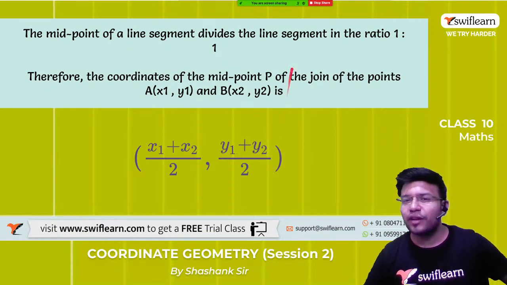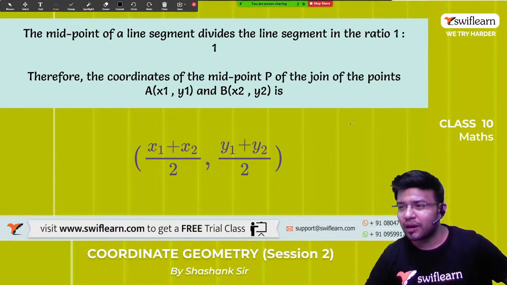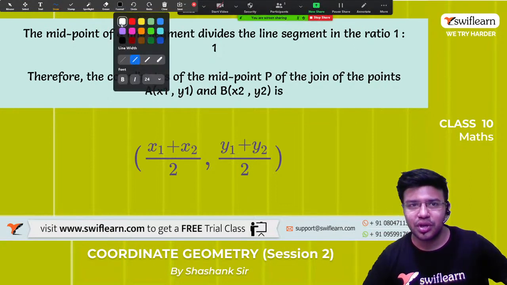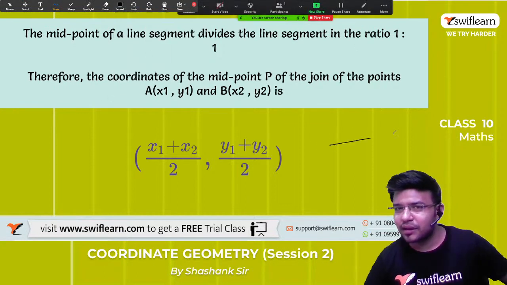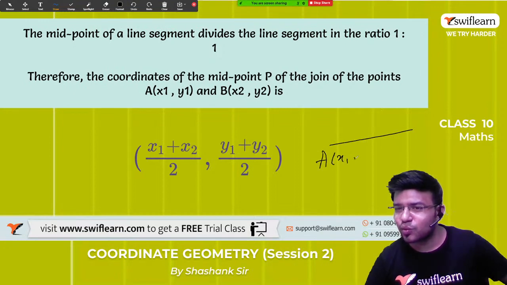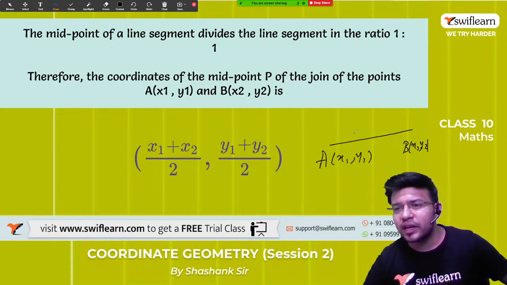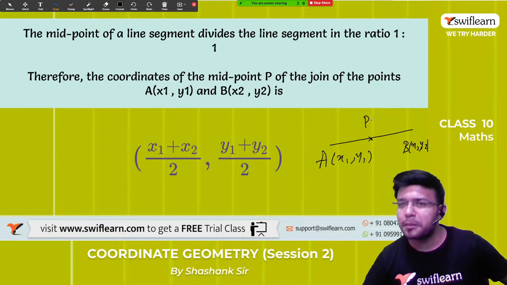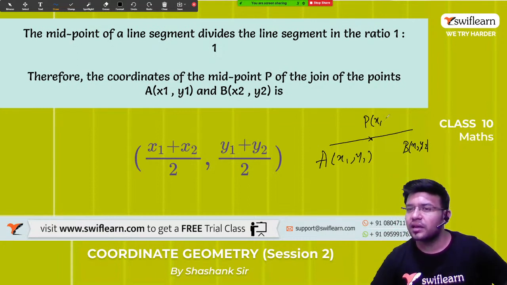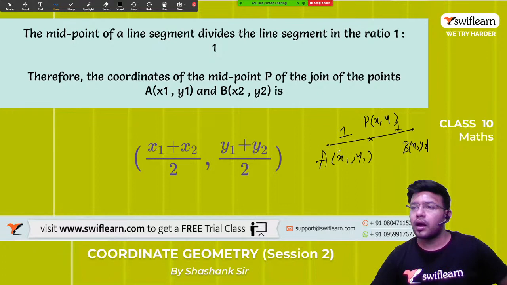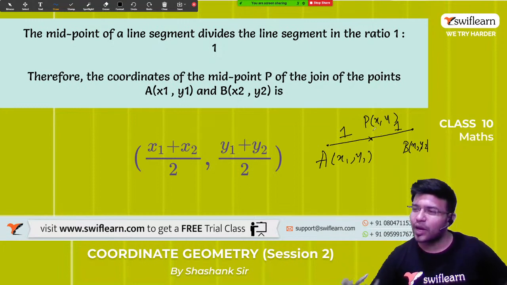Midpoint formula. What is this midpoint formula? Suppose, let us take the same line back. Point A is x1 comma y1, point B is x2 comma y2. Now we want to find the coordinates of point P such that it divides the line segment AB in the ratio 1 is to 1. We know the formula if it divides in the ratio m1 and m2. In that formula, substitute m1 as 1, m2 as 1.